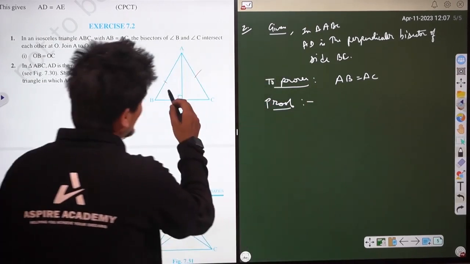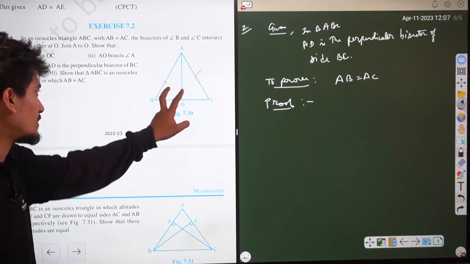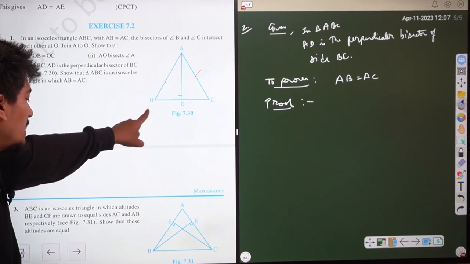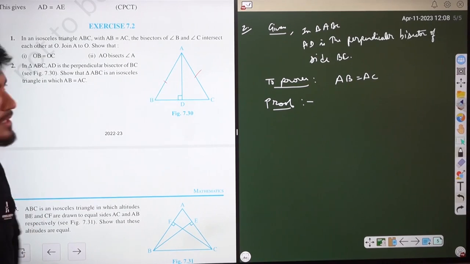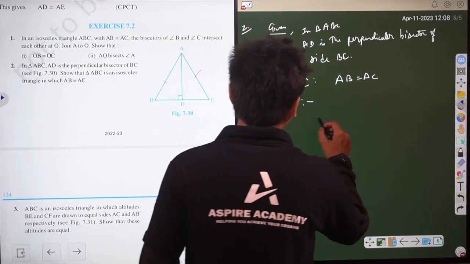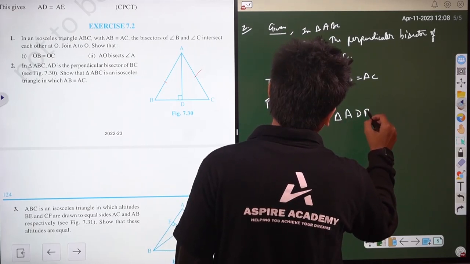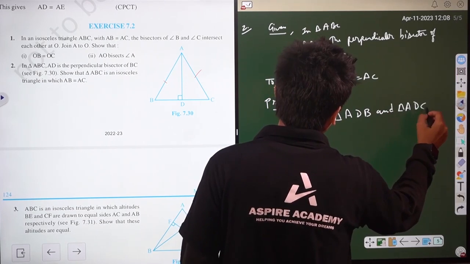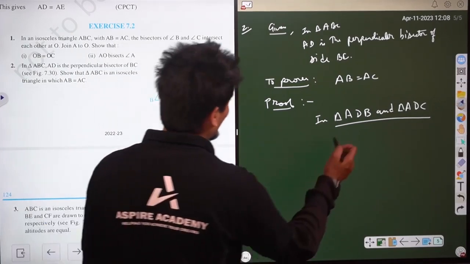Now see here, since AD is the perpendicular bisector of the side BC, it will make two triangles, right? One triangle is ABD, or you can say ADB, and the other triangle is ADC. So we have triangle ADB and triangle ADC, two triangles here. In these two triangles, what is common here?